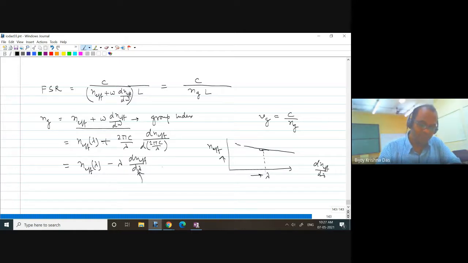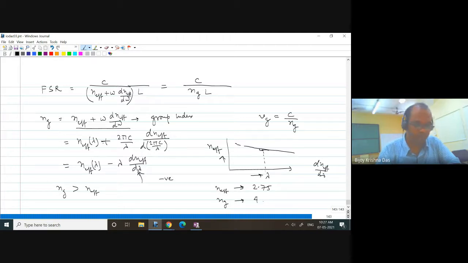Normally this d n effective by d lambda is negative in nature. If it is negative, we normally get Ng greater than n effective. For a typical single mode silicon SOI waveguide, n effective is on the order of 2.75, but the group index can be on the order of 3.8 to 4.